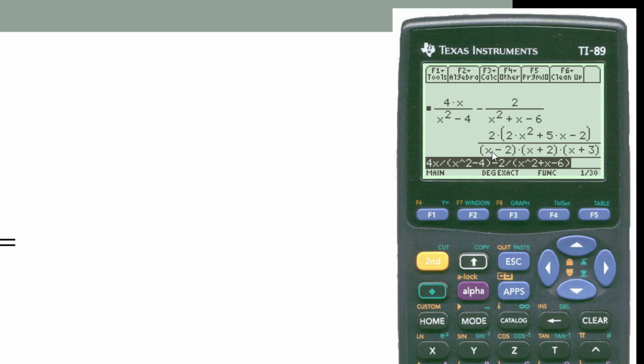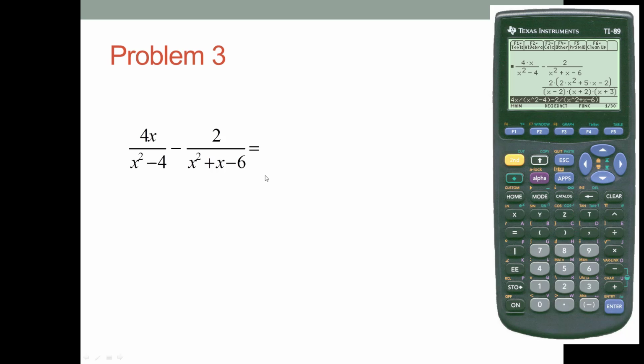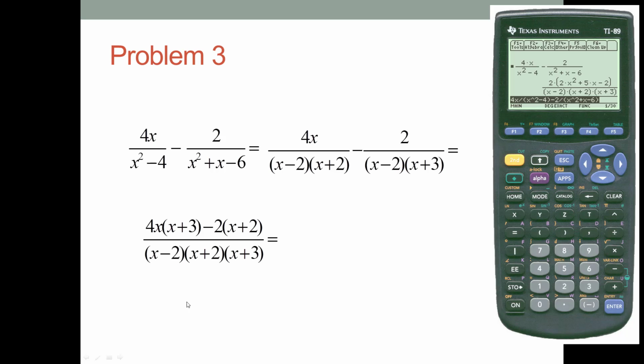And then we have the final answer. The denominator is x minus 2, x plus 2, x plus 3. On top we have a 2, and then the product of that trinomial. Those are the steps there.